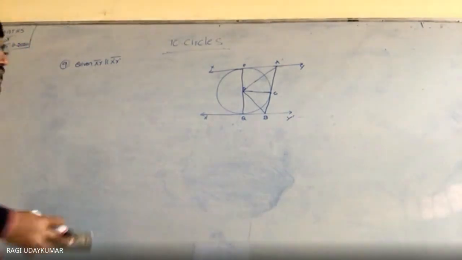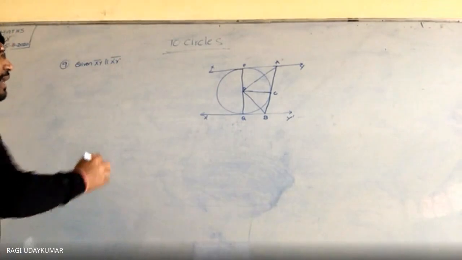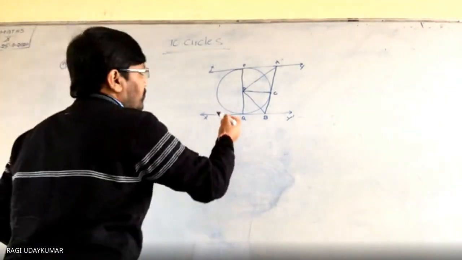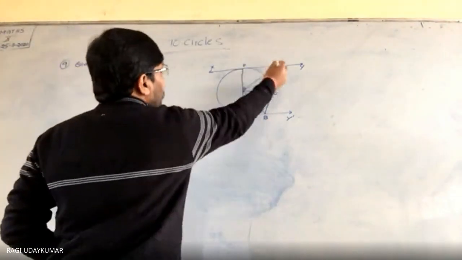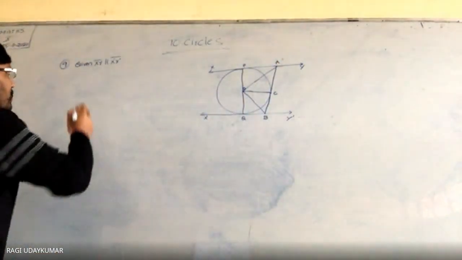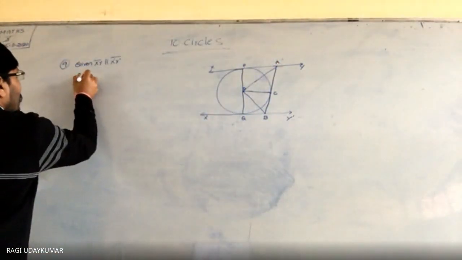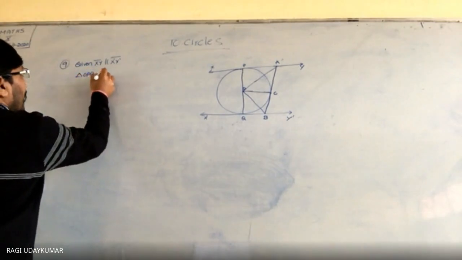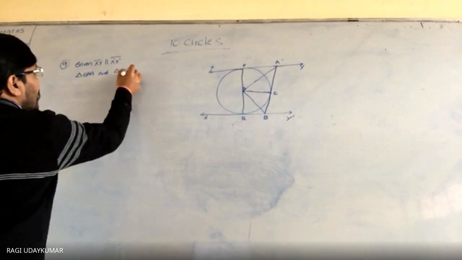Okay. So now here if they are parallel tangents, consider the triangle OPA, OCA triangles. Consider them. Okay. So triangle OPA and triangle OCA.